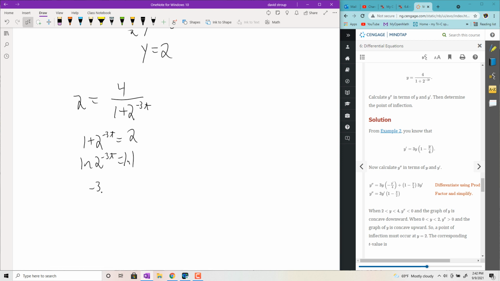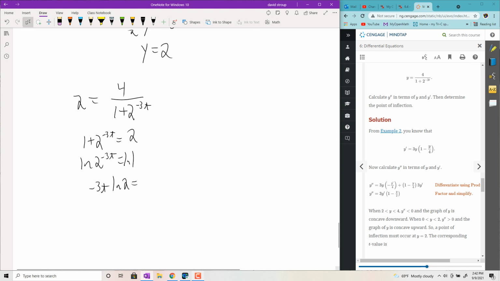So you'll have negative 3t, and something's wrong, isn't it? Negative 3t ln 2 equals, well, ln of 1 is 0, so that's kind of an issue.